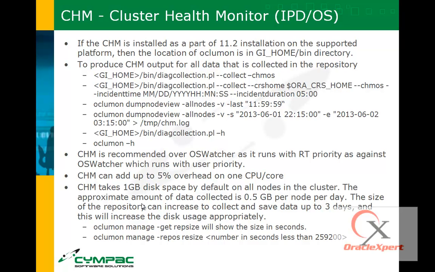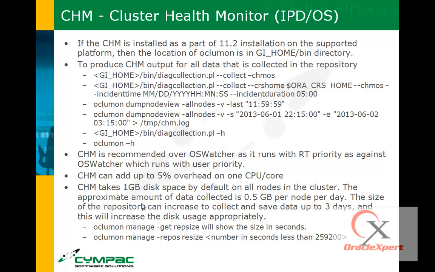Now assume for all the nodes, how big would that data be? Huge, if it collects every 1 second. By default, it only retains data for the last 24 hours. It does not store it forever. Normally we say that CHM would require a disk space of 1 GB and a daily log generation of 0.5 GB.